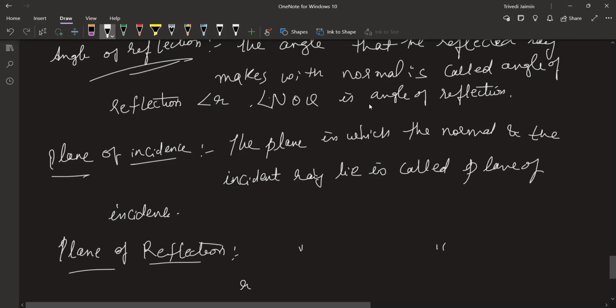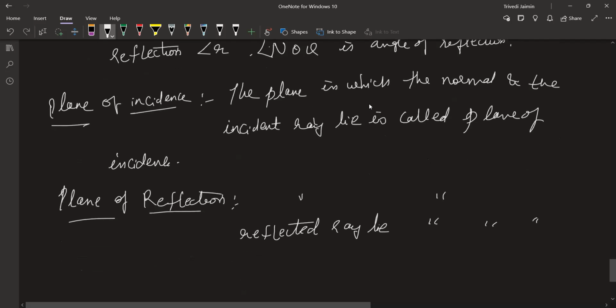Here we are just changing incident ray to reflected ray, right? It is called the plane of reflection.